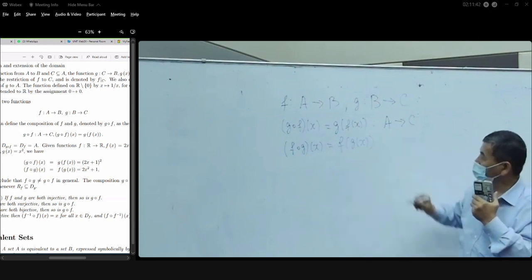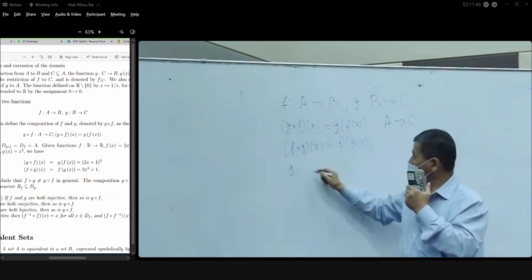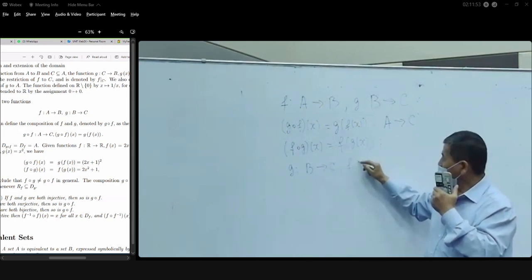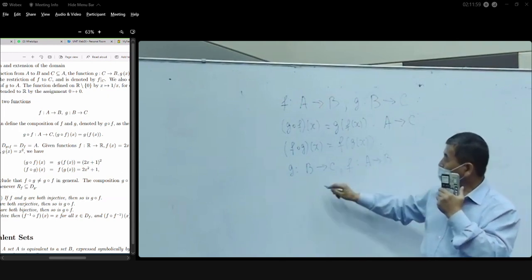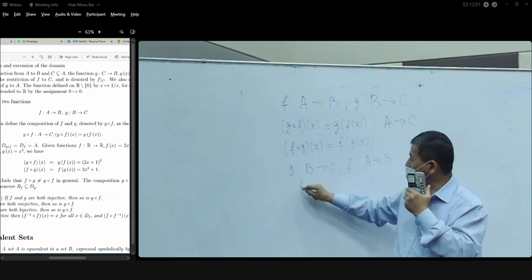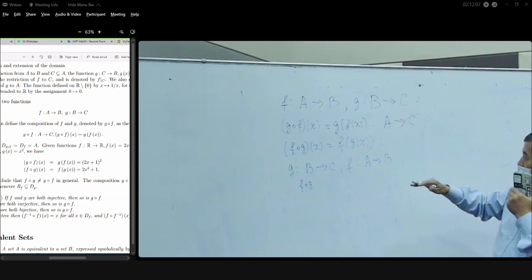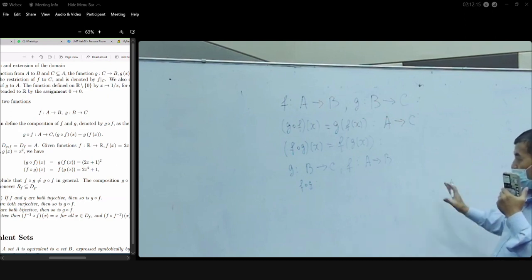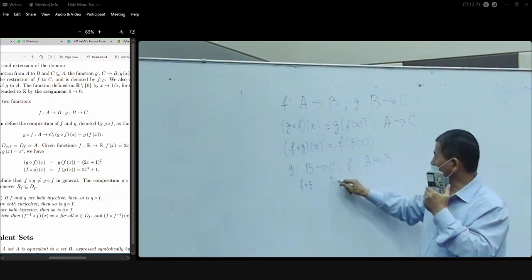What does this map? g maps B to C, f maps A to B. So can I say this one also maps A to C?